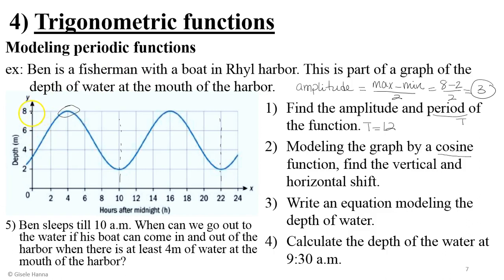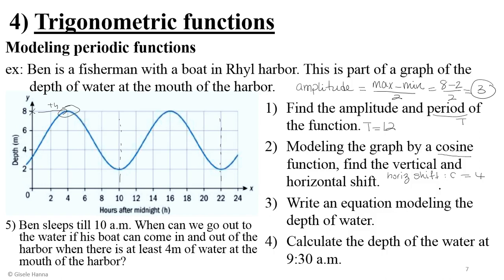From this point to that point we have a plus 4. So c would be equal to 4. That is the horizontal shift, which is c, so that's equal to 4.